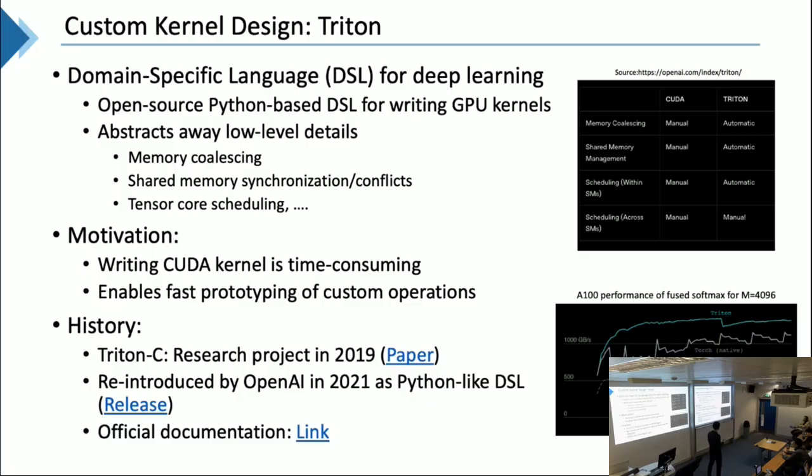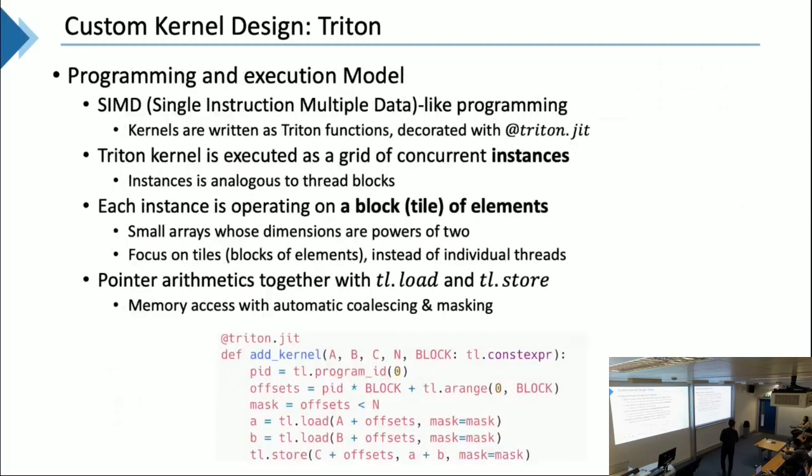So the first version of Triton is the Triton C. And later on, for commercial purposes, they introduced the Python front end. As I mentioned before, the programming execution model of Triton is, because they abstract away this thread idea, we call it single instruction, multiple data.